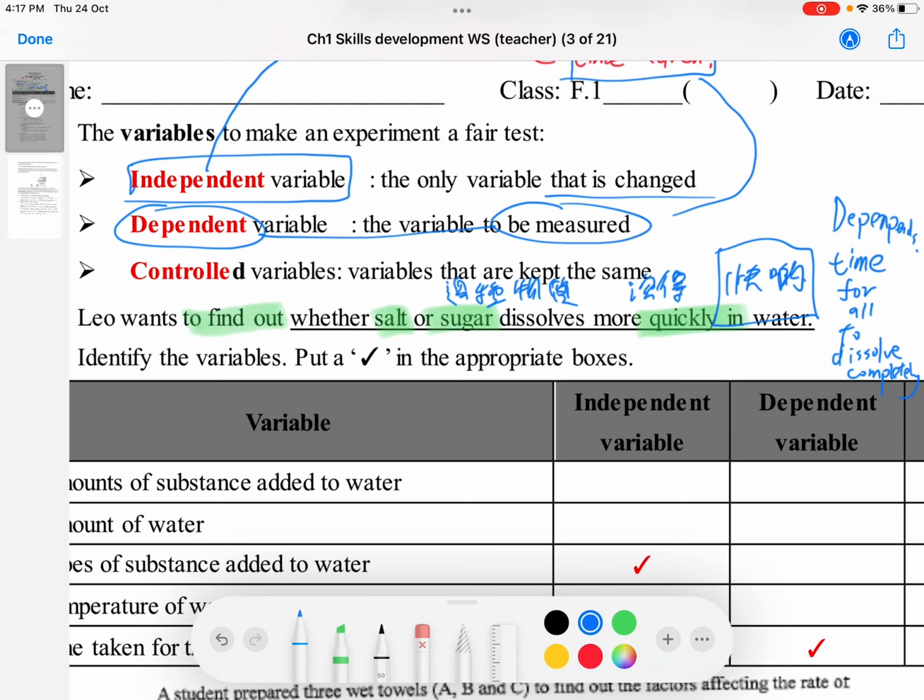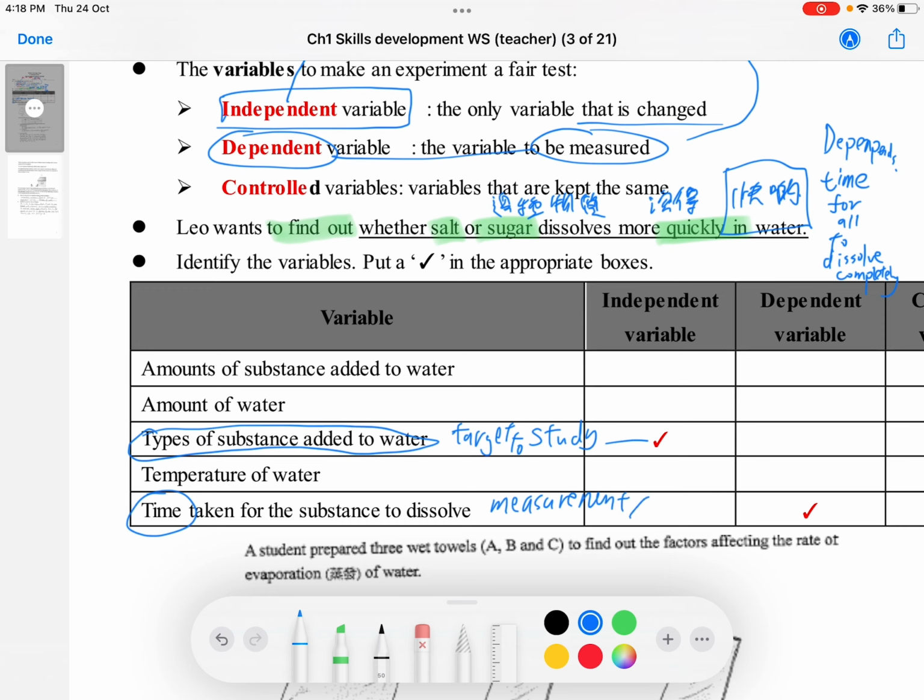And then the time taken is the measurement you can take to know the result. 你點知邊個用得快啲？你要度咩數據嚟知道？度時間咯，用到幾耐要嘅時間。And this is the dependent variable. That is the thing you need to measure.